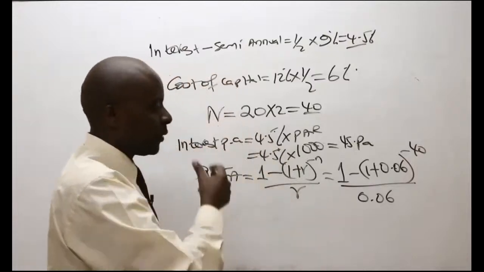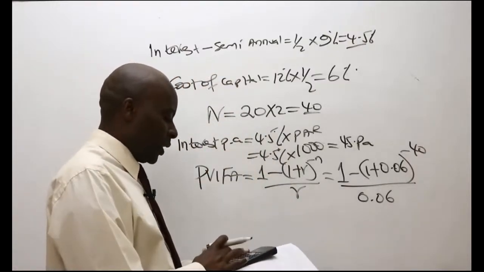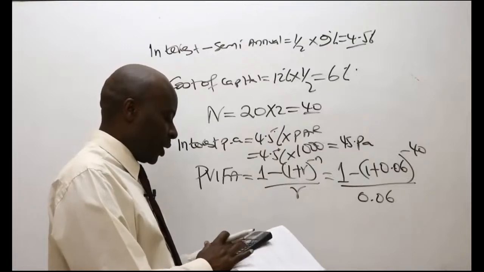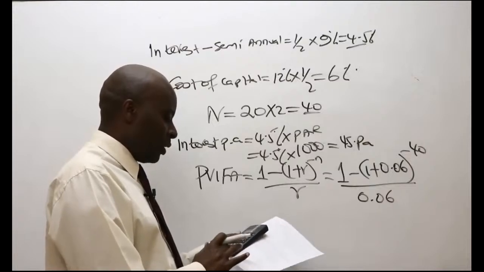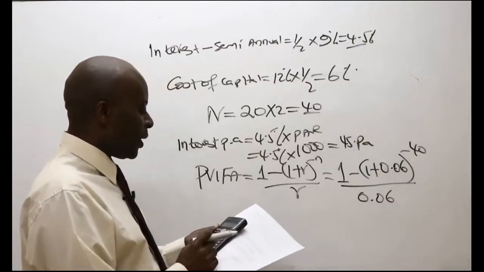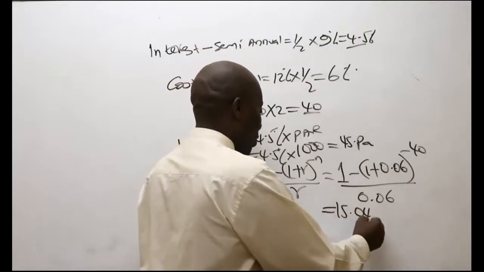So what do we have at the end of the day? 1 minus 1.06 raised to negative 40, divided by 0.06, which gives us 15.046.